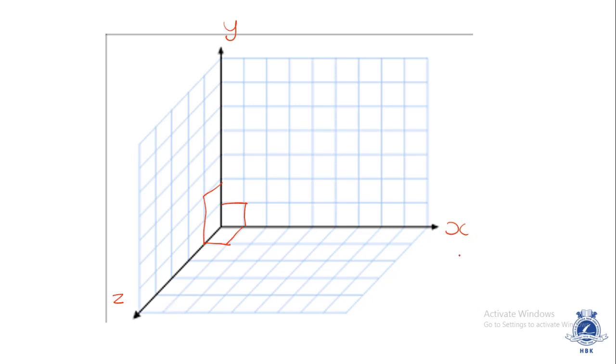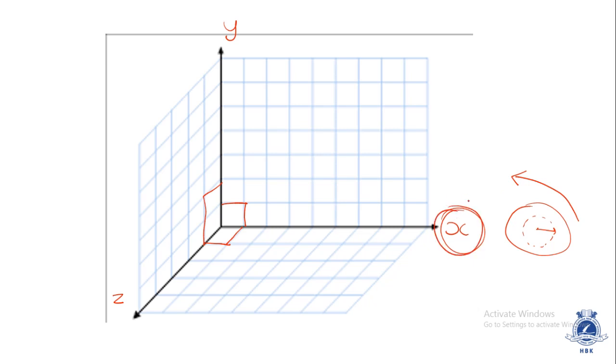If we have taken the x-axis at this point, imagine a clock: the hand of the clock moves like this, in the clockwise direction, but you have to take the anti-clockwise direction, like this.